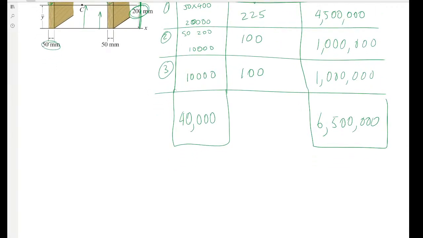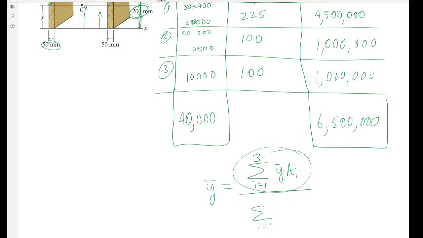All right, so my y bar is equal to the sum of the y bars for each individual piece, i equal 1 to, in this case, 3. If you want to be very mathematically rigorous, that's what this should say. And this should say i equal 1 to 3 of all the areas, but it's equal to 6.5 million.